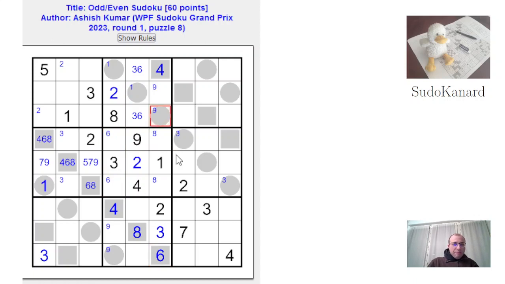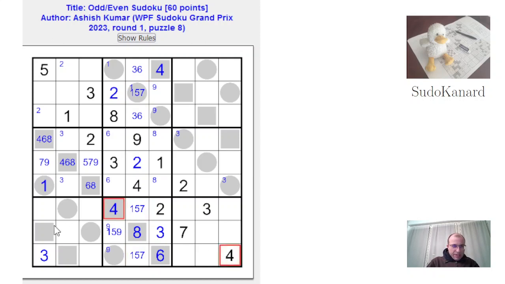And we must have 5 and 7 somewhere around. So this is an odd digit. It's not 3 or 7, so it must be 1, 5, or 9. I think, and this column is still missing 1, 5, and 7, so I think I will switch to pencil marks now.